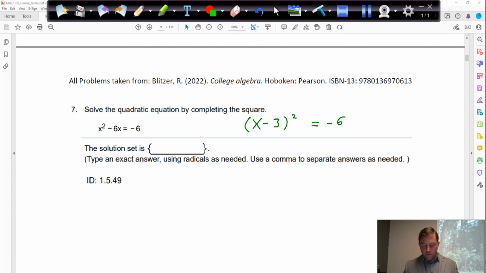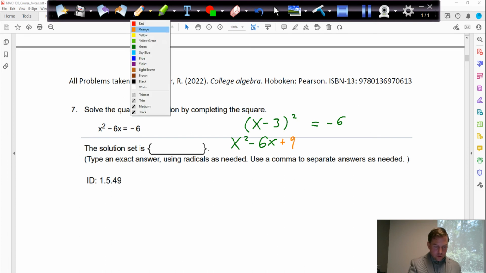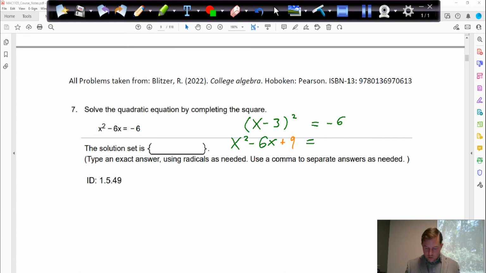But we know if we FOIL this out, in fact, let me write this. If I were to FOIL this out, I would get x squared minus 3x, which is minus 6x. But we would also get minus 3 times minus 3 is plus 9. So notice, on the left side, we don't have exactly the same as what we started with.